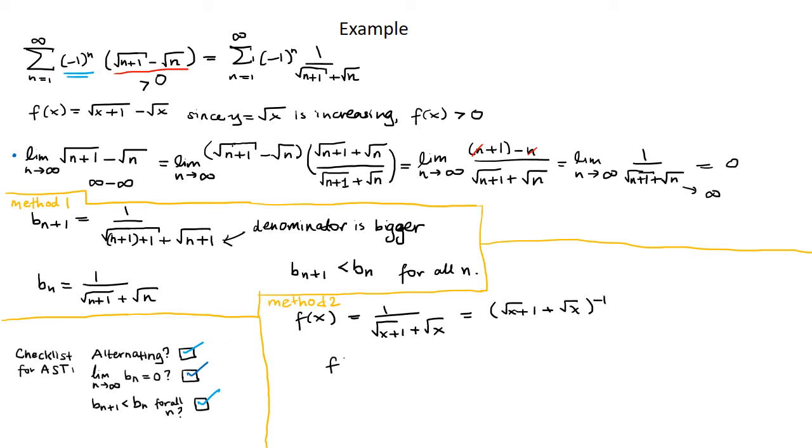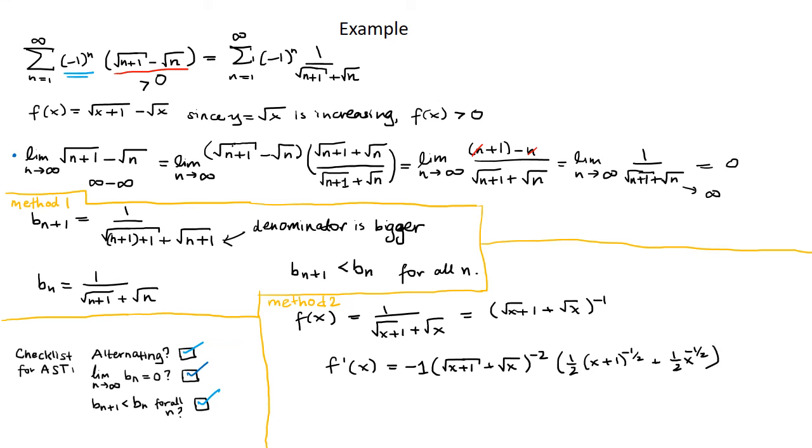Our derivative is equal to negative 1 times the square root of x plus 1 plus the square root of x. And then we need to multiply by the derivative of each of these terms on the inside. So this is 1/2 x plus 1 to the negative 1/2 plus 1/2 x to the negative 1/2.